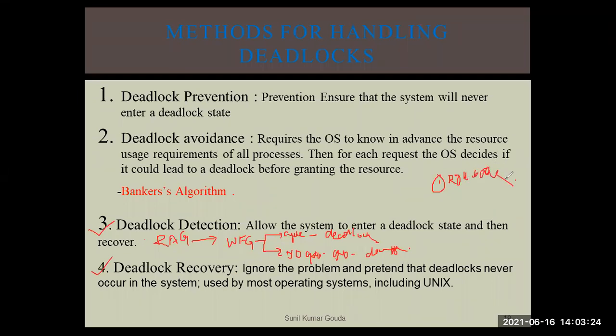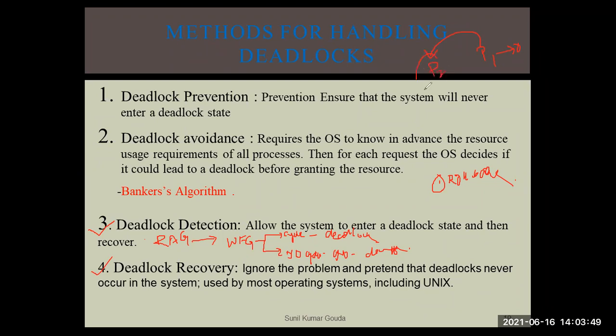Rollback means, if some request is causing a deadlock, suppose I granted some request for P1. Now suppose this request is causing a deadlock. Now what do I have to do? Now I have to roll back to the previous state where the deadlock had not happened. Suppose the previous state is P2.